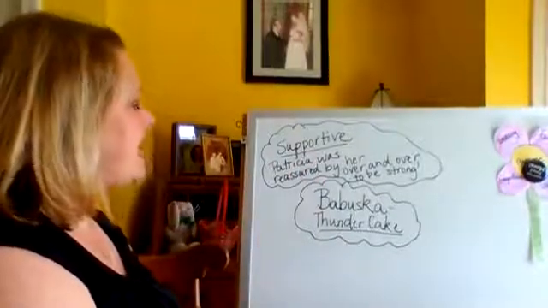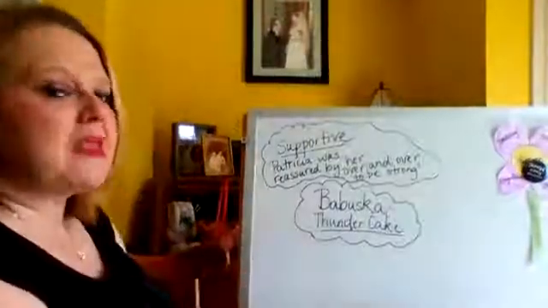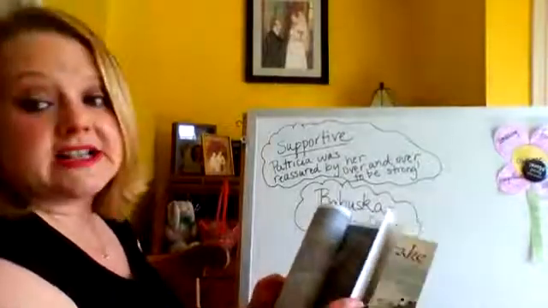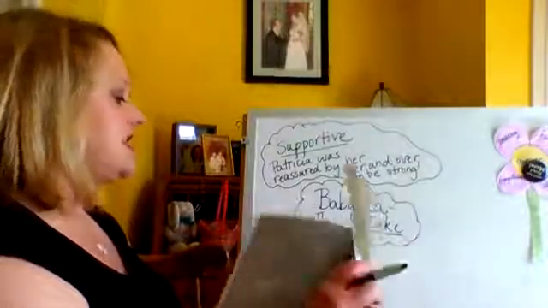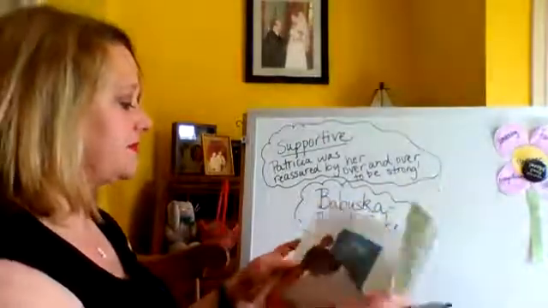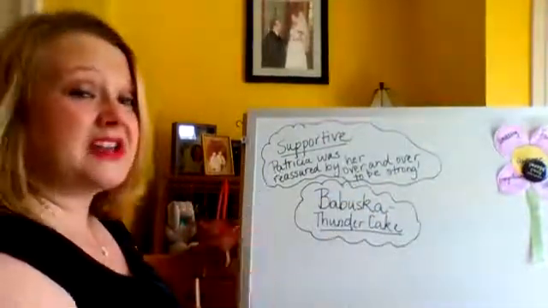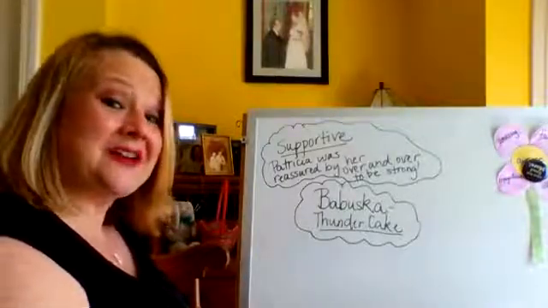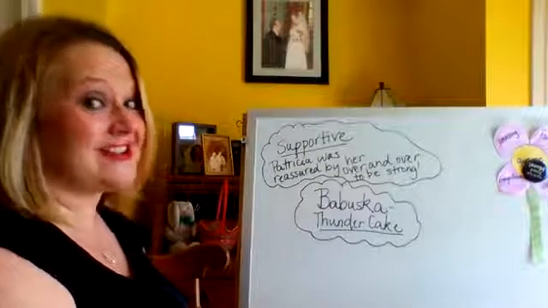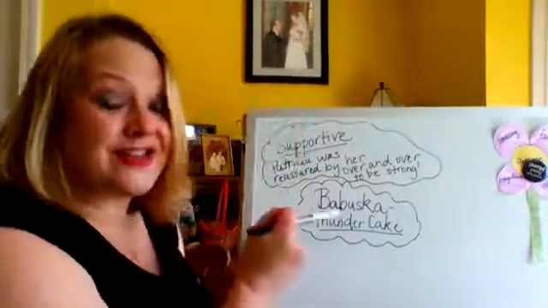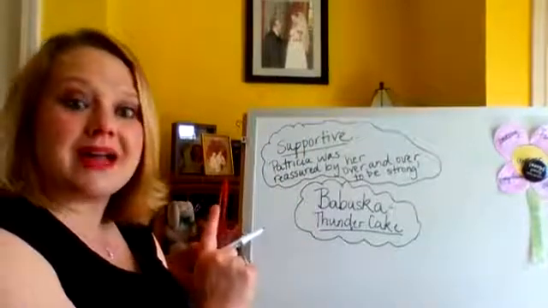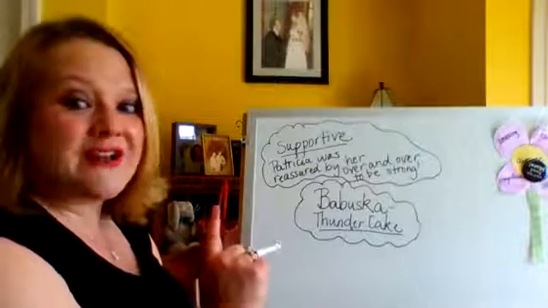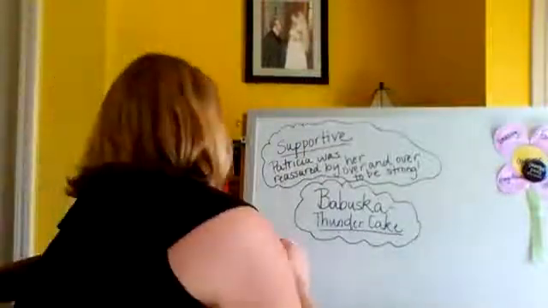The next thing that I have, I think I'm going to put it kind of down here, is the next thing that I would say about her. So besides supportive, do you think in her cookbook she really had a recipe for thunder cake? Or was it maybe just a chocolate cake recipe that she had and she quickly thought about it to get Patricia's mind off the storm coming? So I would say that she was very imaginative too.